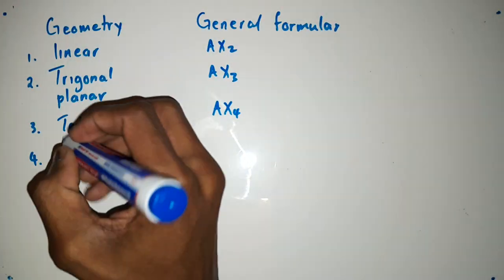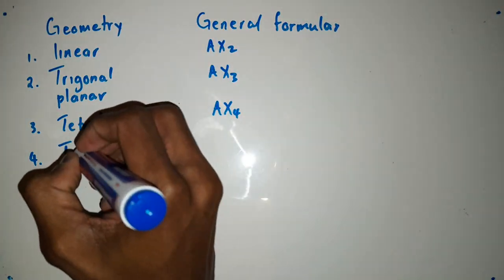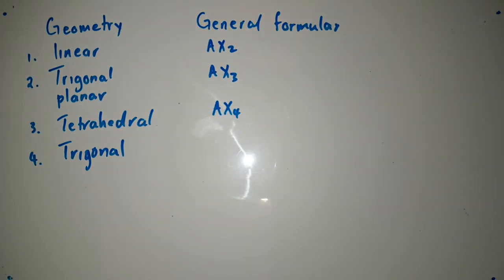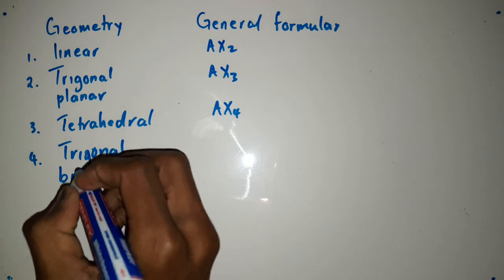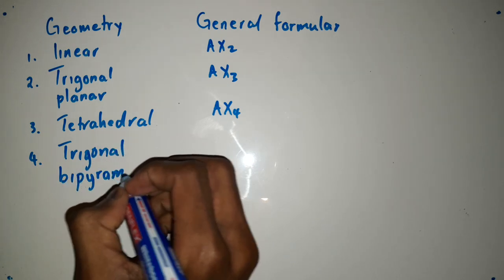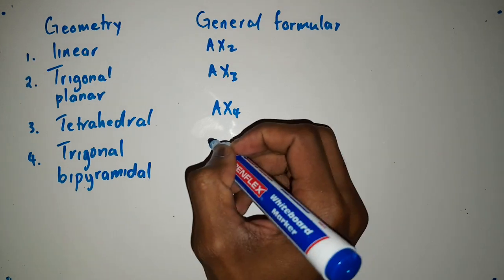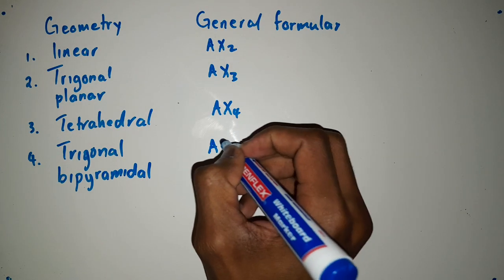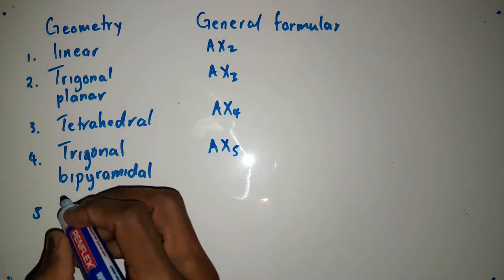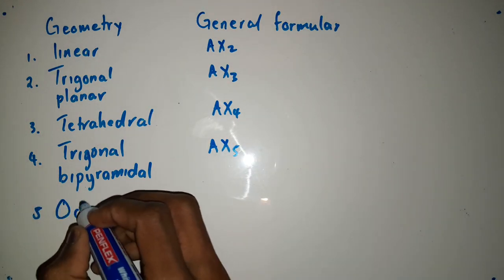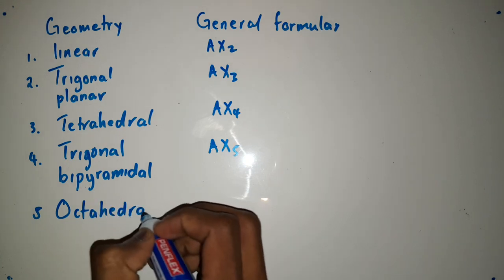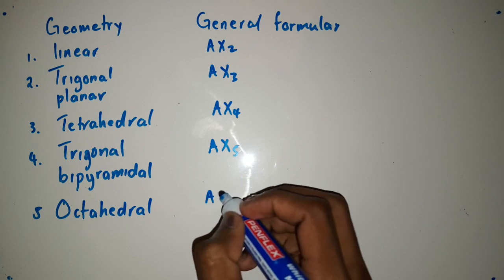Then number four, we had a trigonal bipyramidal, given by AX5. Then number five, we had an octahedral, which is given by AX6.